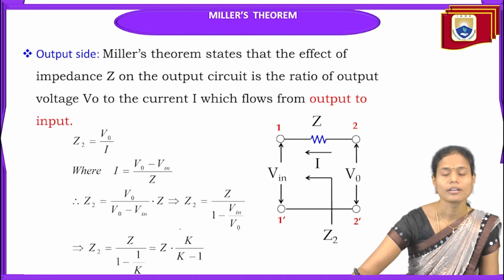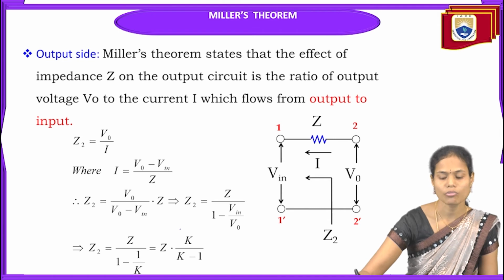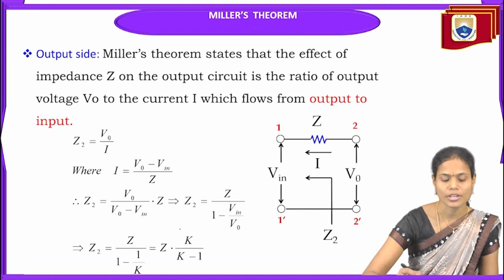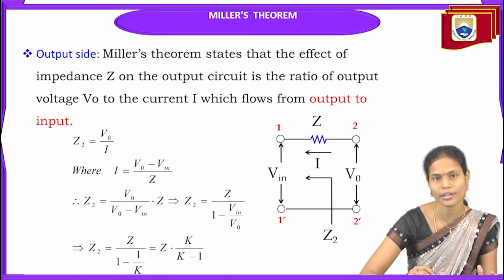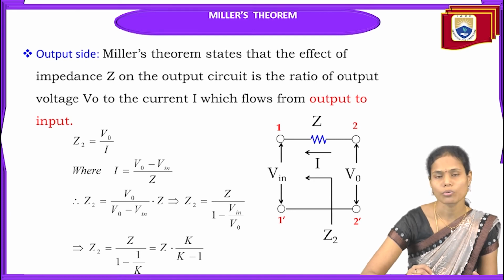Similarly, to find the output impedance, we take the ratio of output voltage to current. To find the input impedance, we take the input voltage to the total current. To find the output impedance, we take the total output voltage divided by the total current.